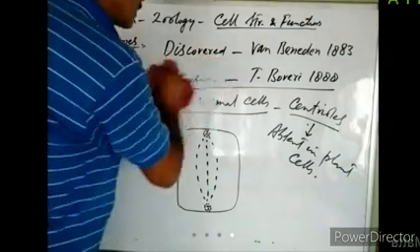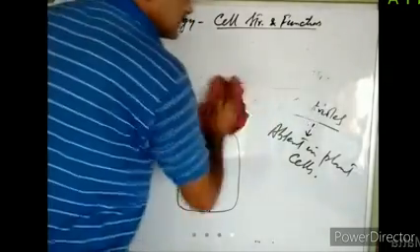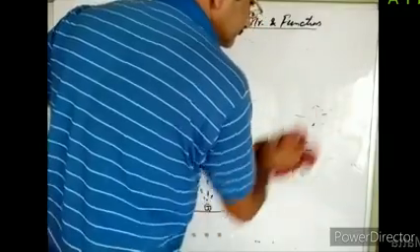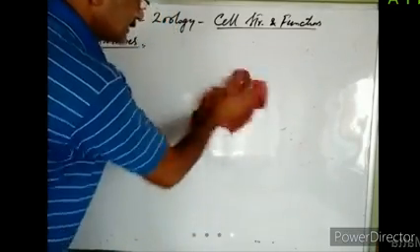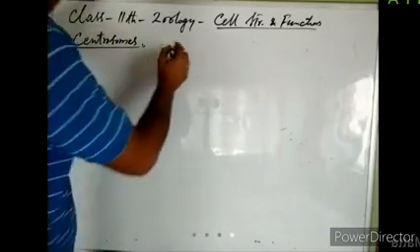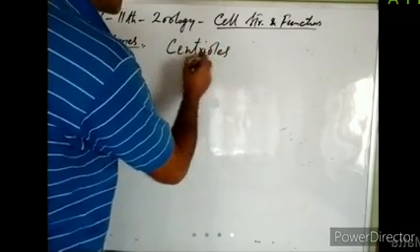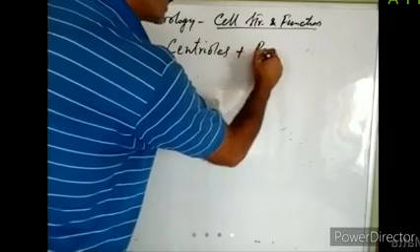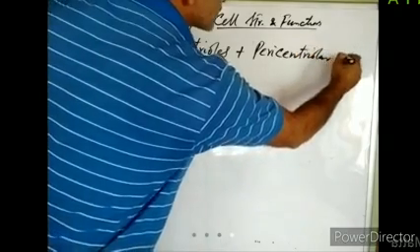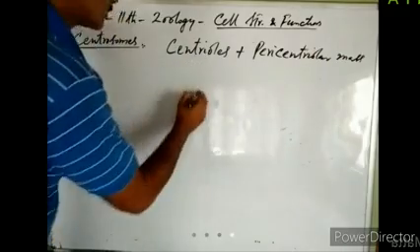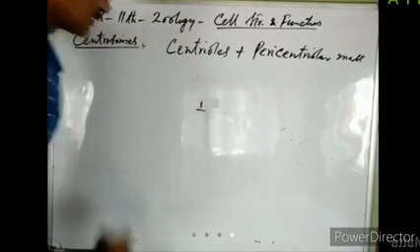Centrosomes are formed of two components: a pair of centrioles plus pericentriolar mass. This is one centriole, this is another centriole.